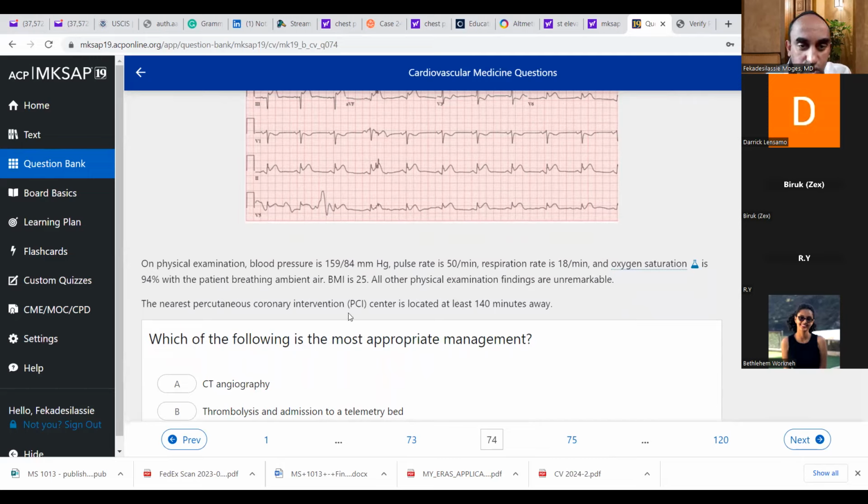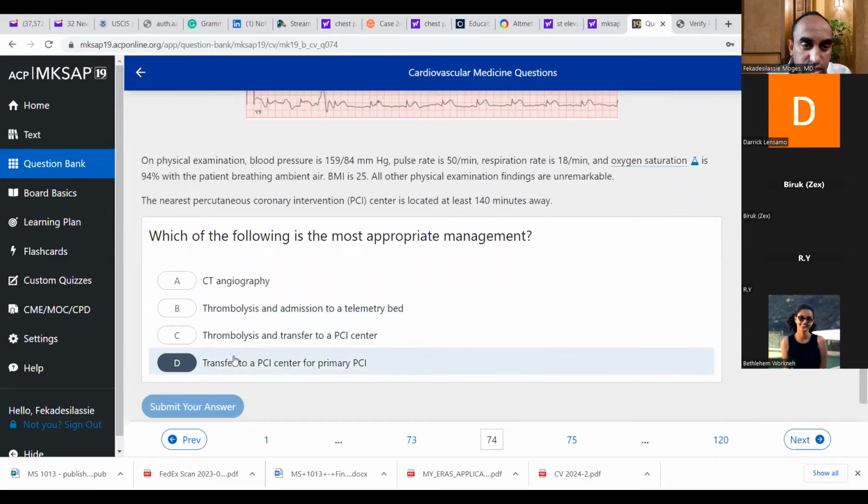The nearest percutaneous coronary intervention (PCI) center is located 140 minutes away. Which of the following is most appropriate management? A. CT angio, B. thrombolysis and admission to telemetry bed, C. thrombolysis and transfer to PCI center, D. transfer to PCI center for primary PCI.